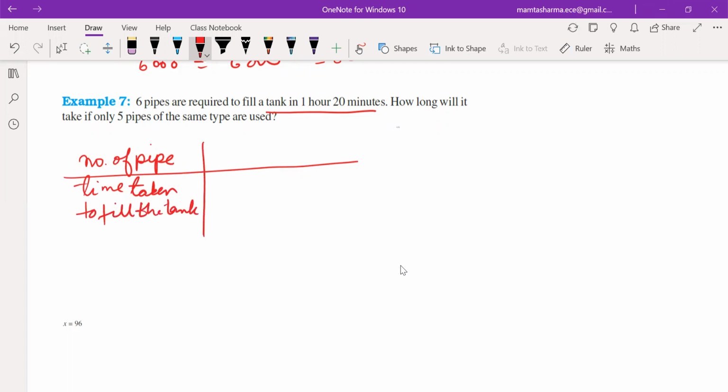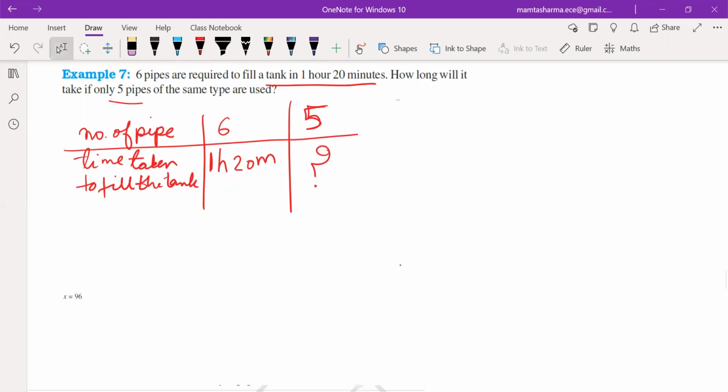Now put their values. If the number of pipes is 6, time taken is 1 hour 20 minutes. How long will it take? You have to find out this time when only 5 pipes of the same type are used.